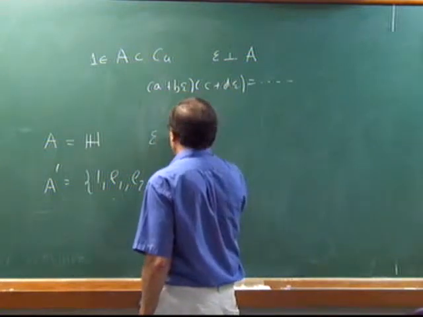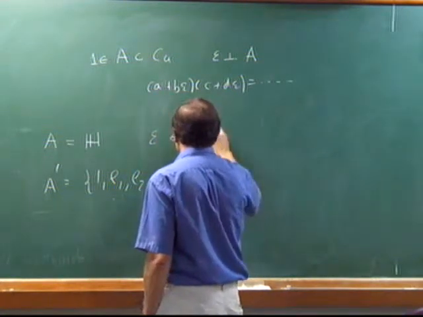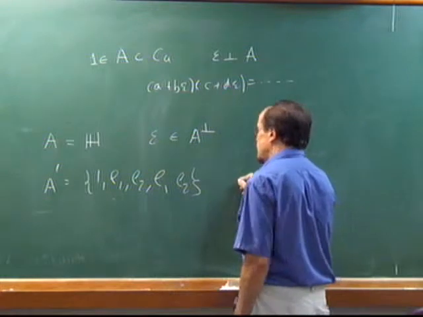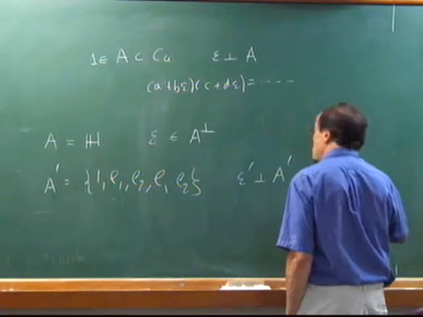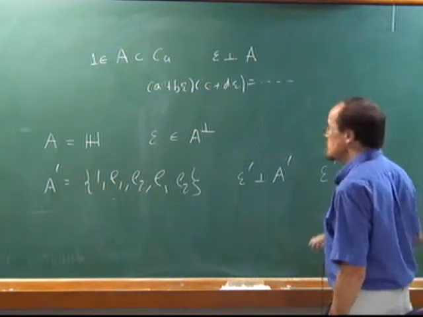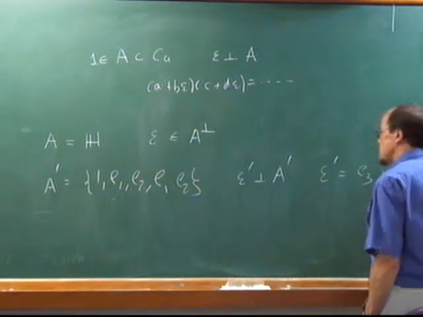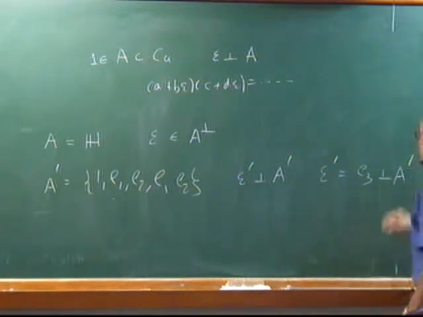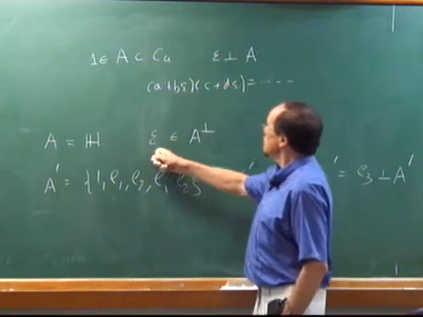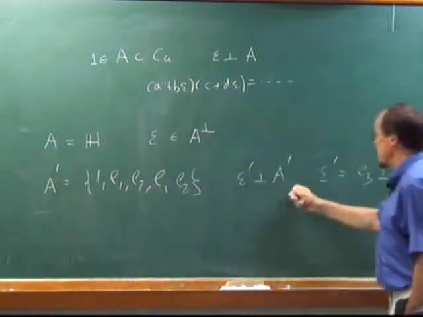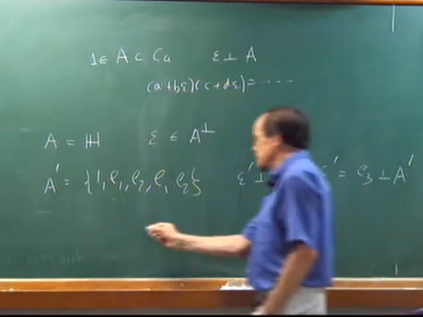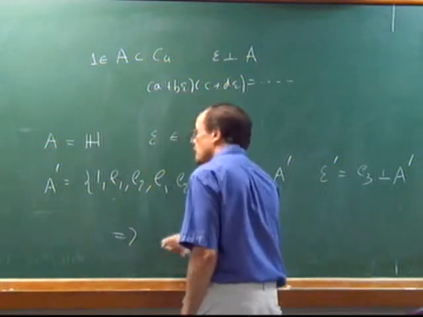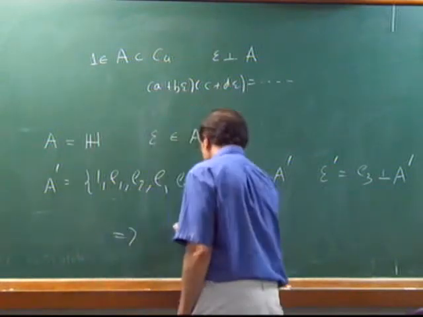Then take epsilon to be my standard element, and I take my epsilon prime, orthogonal to A prime, to be E3, which is now orthogonal to A prime by definition. And now the rule for A and epsilon is like this. The rule for A prime and epsilon prime is the same way. So therefore it respects multiplication. Okay.